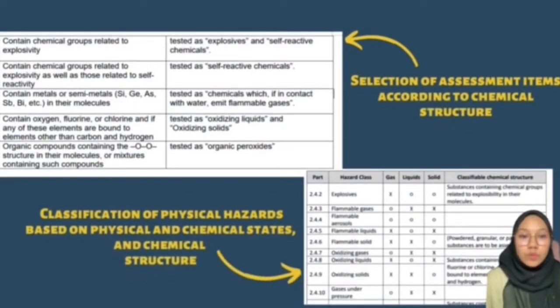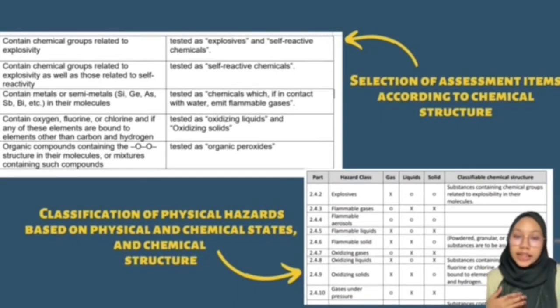So this is how we select the assessment item according to the chemical structure. First, if the chemical group relates to explosive, we test it as explosive and self-reactive. Second, if the chemical contains a chemical group related to explosive as well as self-reactive, we test it as a self-reactive chemical.